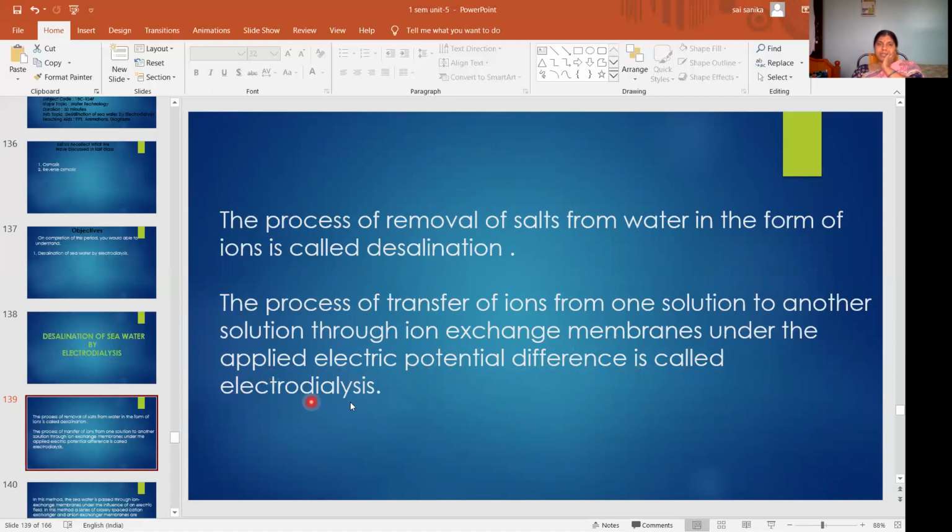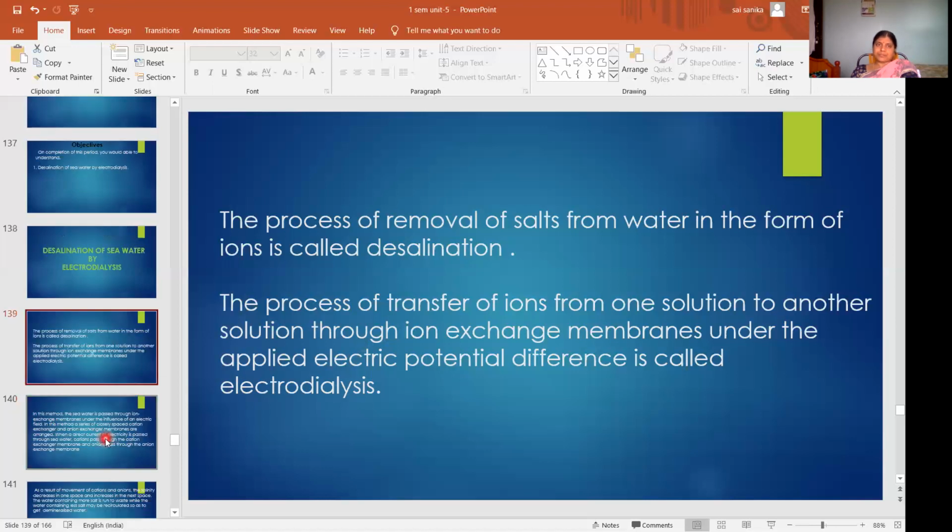Here we take different solutions, keep ion exchange membranes, and apply an electric field. In the presence of the electric field, the ions move to the respective electrodes and pass through the ion exchange membranes. That whole process is called electrodialysis. Let us see how that process works.